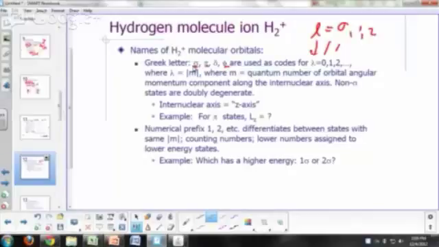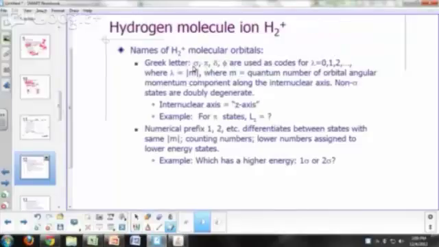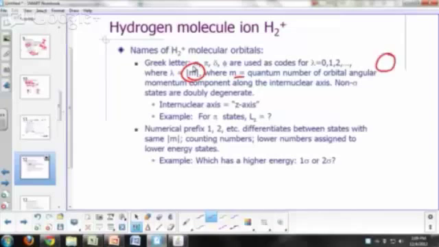In the case of diatomic molecules, in the case of H2+, lambda is just the absolute value of the m quantum number. And m is the quantum number for the z component of the orbital angular momentum, where your z-axis, if this is your two atoms, A and B, is the internuclear axis. It's the line that joins the two nuclei.